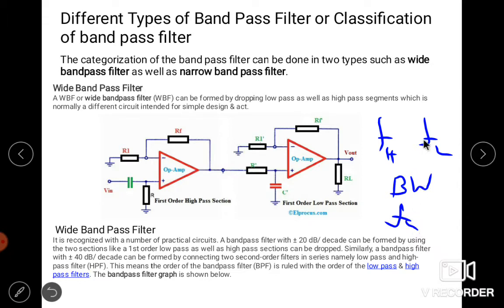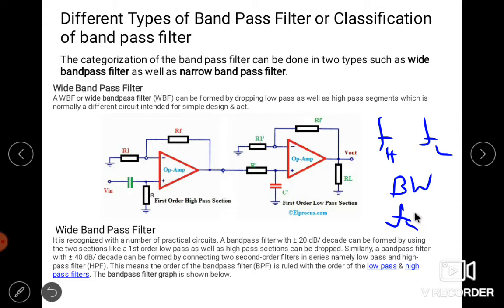These nomenclatures are frequently used in this topic to derive equations, questions or numericals. These are the meanings of FH, FL, BW and FC.